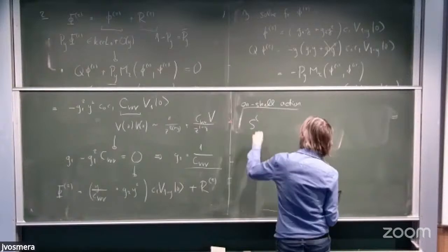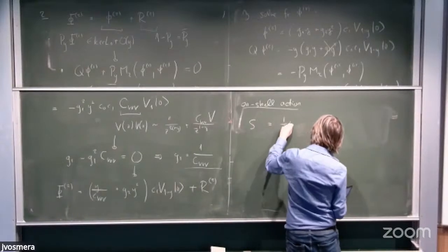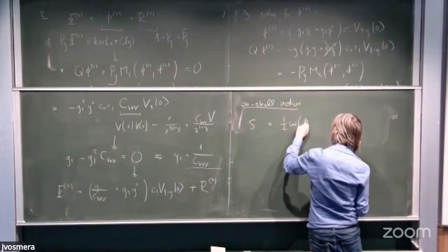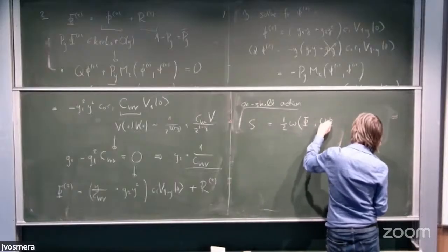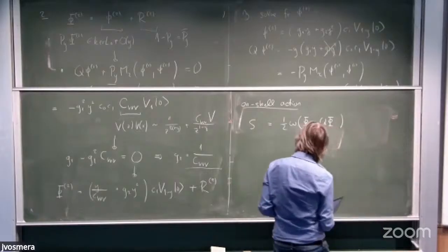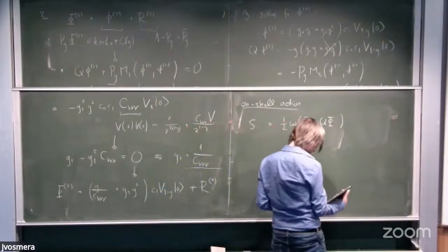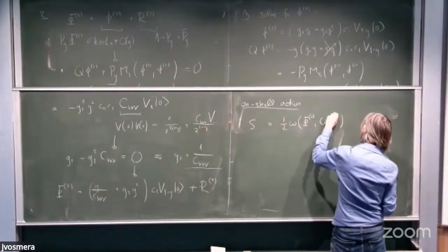So the on-shell action: first we have the kinetic term, which is just phi Q phi. So if we want to compute the on-shell action to the leading order in accuracy, let me just actually substitute phi 1.